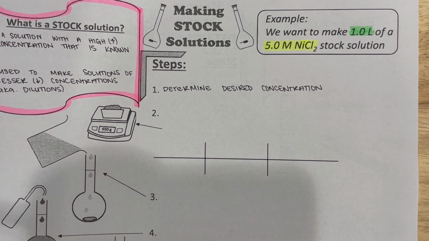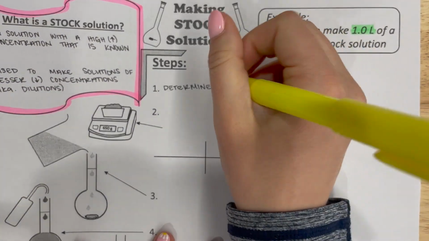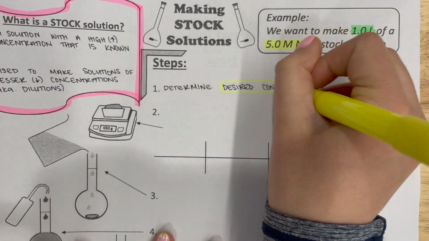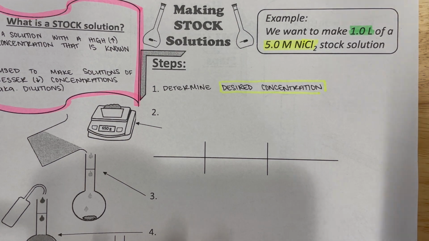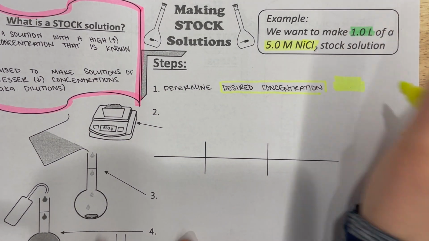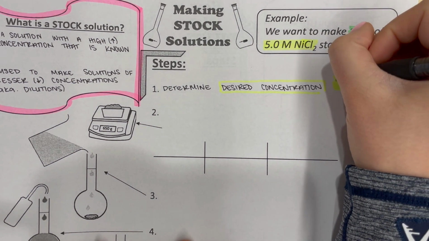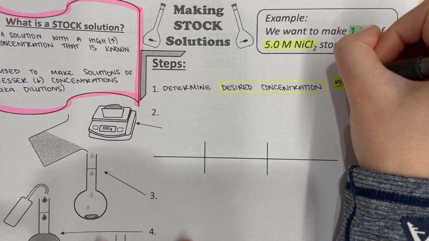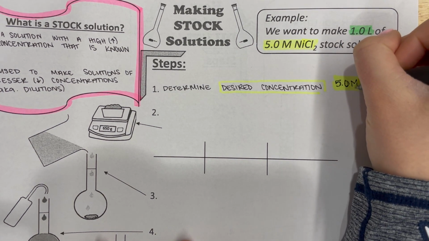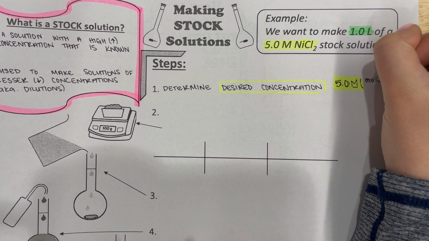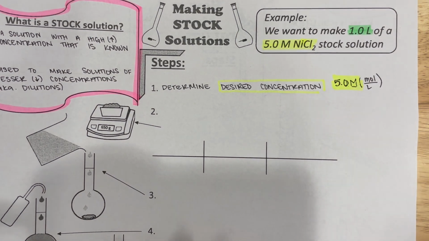Hopefully this is an easy question to answer. Our concentration value is that molarity. That's what we learned about last class. So our desired concentration here is this 5 molar value. If you need another reminder, this is your molarity. Units can also be written as moles per liter.